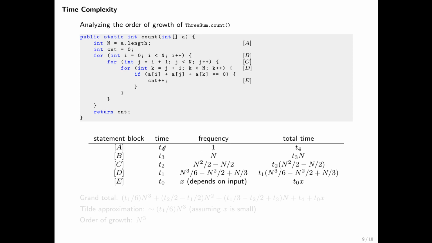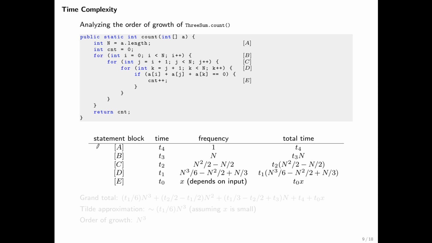Let's say the time that it takes for that loop to complete is t sub 3. So the total time is t sub 3 times n. I hope it's clear why the frequency is n. How many iterations do we perform in this for loop? It's precisely n, where i goes from 0 all the way up to n, not inclusive.